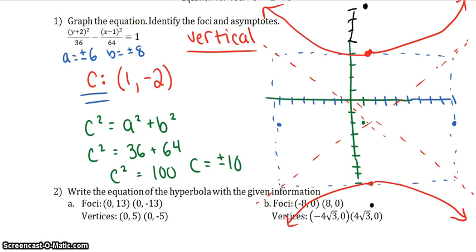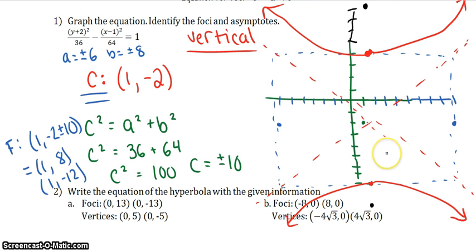As far as writing what those points are, whether it's the vertices or the foci, you're adding those to your y-coordinates. Specifically, our foci, which we'll write off to the side here, will be (1, -2 plus or minus 10). You could just count these points on the coordinate plane, or you can add them up. 1, and -2 plus 10 gives us 8, and our other focus, 1, -2 minus 10 gives us -12, which you see on the graph here as well.